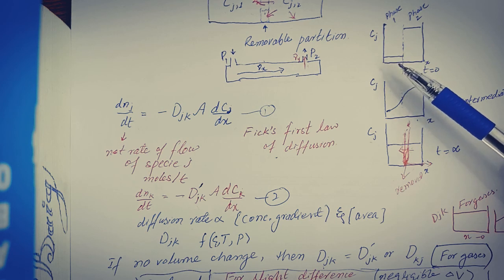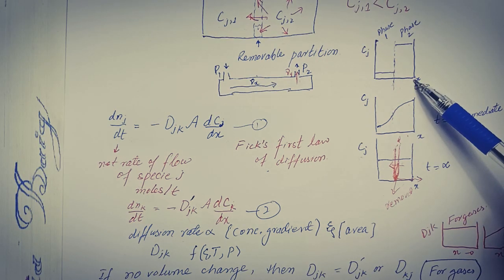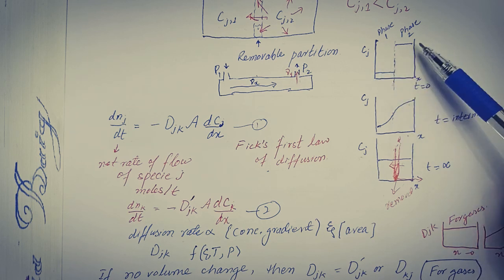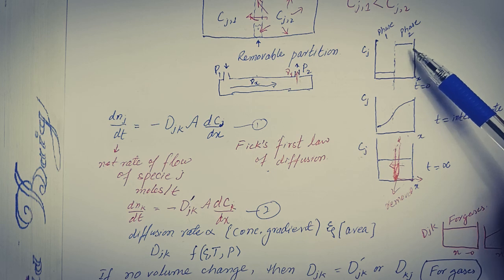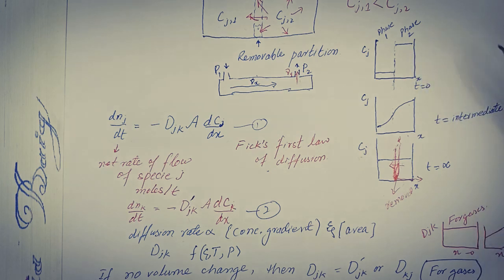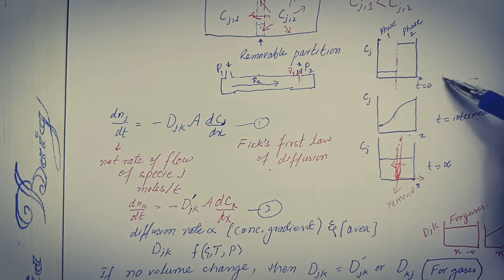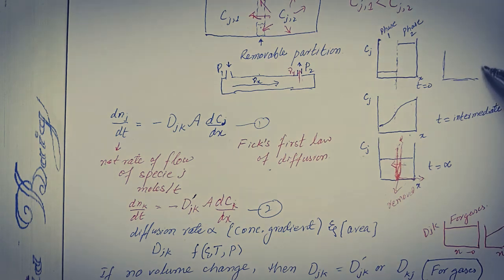But how far a distance from the partition can these particles diffuse from one phase to the other phase? For example, if we spray any perfume or any gas in one corner of our room, how far can it reach to the other corner and how much time will it take?